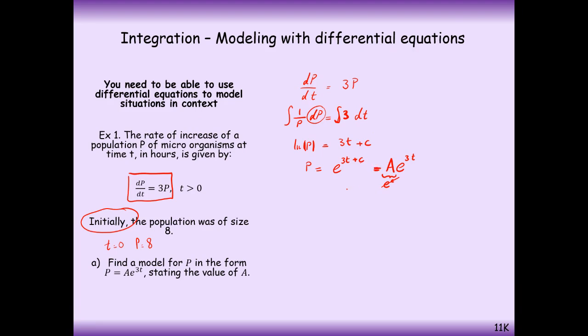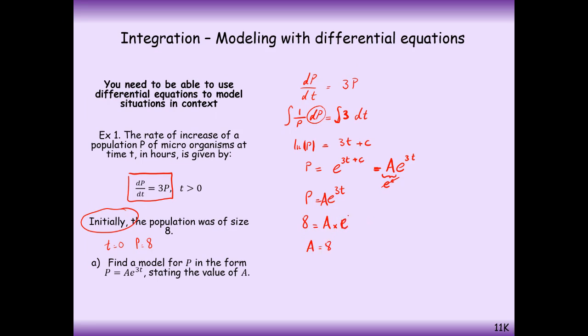Because now we can substitute the values we were given for the initial values to calculate what value of A is. Capital A can be found like so, substituting 8 here and raising e to the power of 0. 3 times 0 is still 0, which will give us a 1, and that will tell us A is therefore 8.